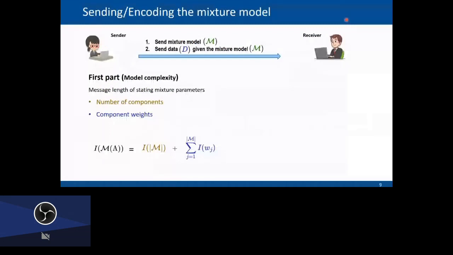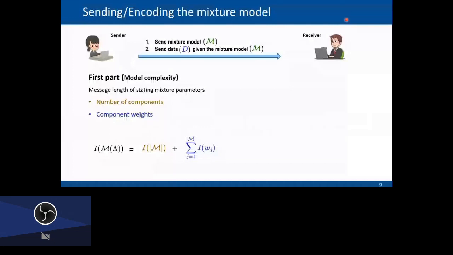And the second part is simply the message length required to send data given the mixture model, and arithmetically, we can represent this as the negative log likelihood over the observed data. So with that, we can express the total message length of a mixture model as follows. And here, the first part quantifies the complexity of the mixture model, and the second part quantifies the fit of the mixture model.